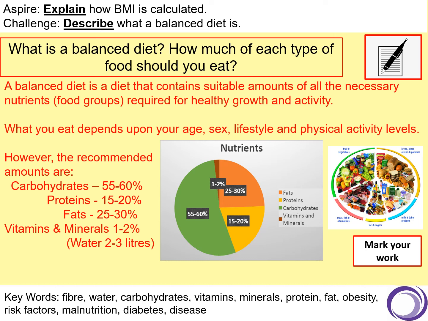The recommended amount that we should eat every day: carbohydrates should be around 55 to 60%, proteins about 15 to 20%, fats 25 to 30%, and vitamins and minerals 1 to 2%, and we should aim to drink between 2 and 3 litres of water per day.